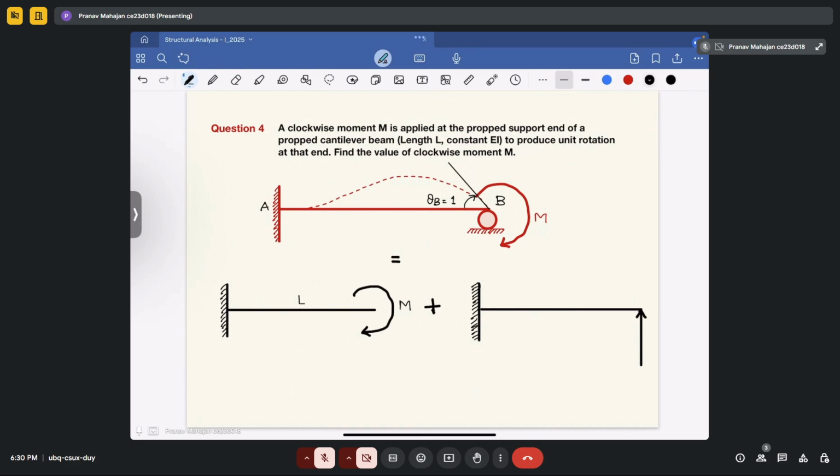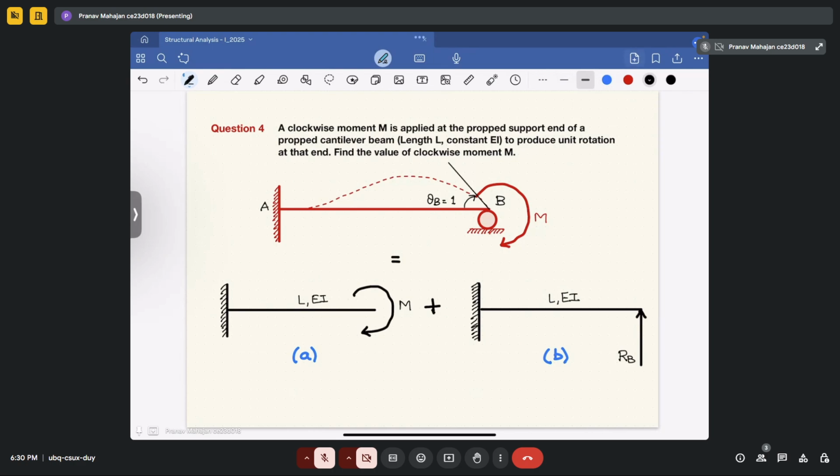Now you have one clockwise moment M and one reaction due to the roller support equal to RB, and it has length L and flexural rigidity EI. Let me call this case A, and this is your case B.